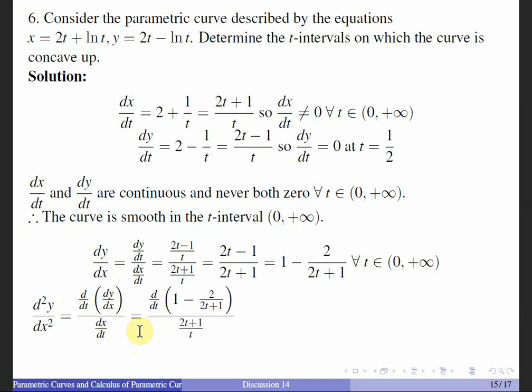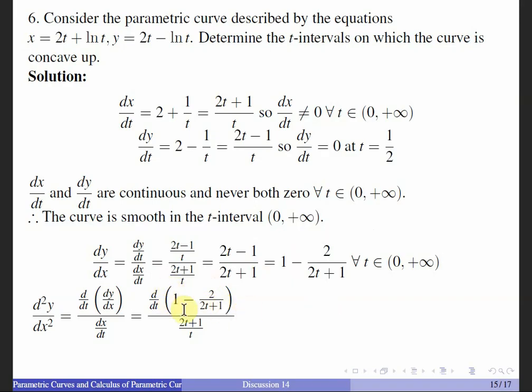Okay, so just plug in the derivative of (1 minus 2 over (2t plus 1)) all over (2t plus 1) over t. Okay, so let's derive this. We can just individually derive this.